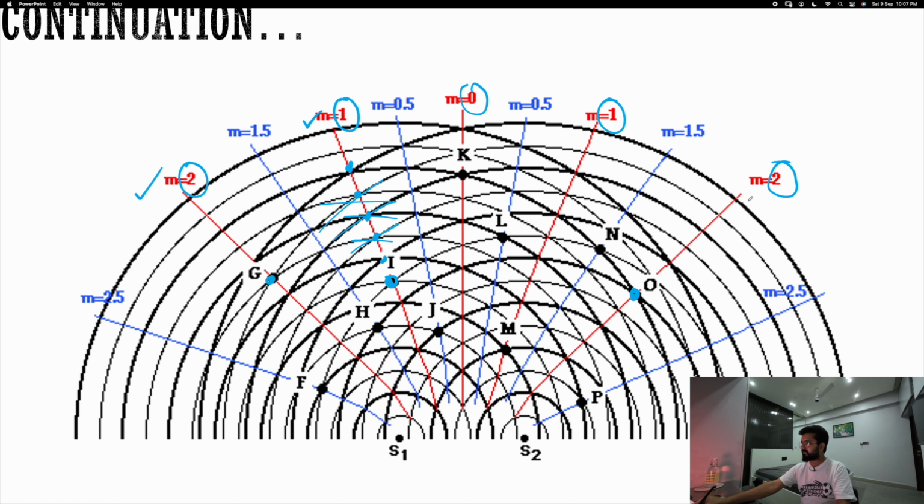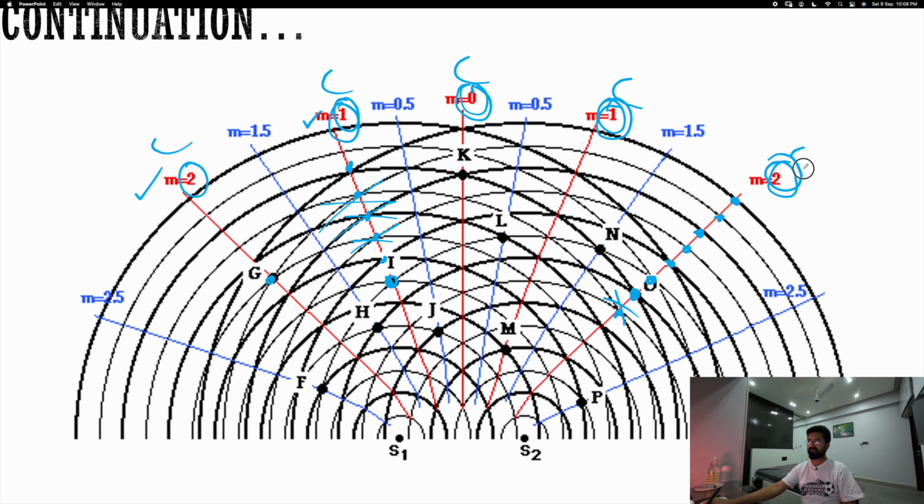Similarly, you stand anywhere on this red line here, you are going to experience constructive interference because crest meeting crest, trough meeting trough. So conclusion is, look at this here, m equals 2, 1, these are basically path difference values. Wherever your path difference is integral multiple of lambda, there you have constructive interference happening.